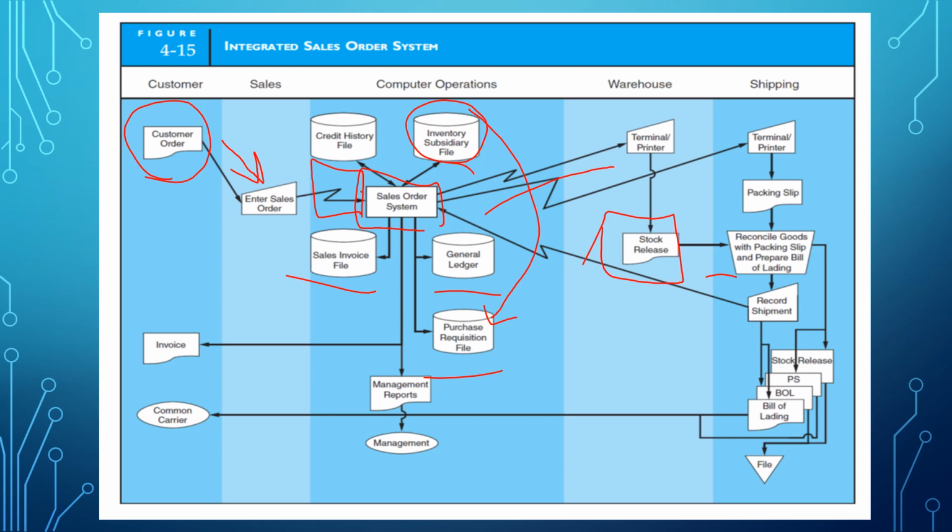Normally when processing the shipment, we reconcile the goods with the packing slip and prepare the bills of lading. Normally this is manual, but in some companies like Amazon, they even automate and computerize this process of shipment.